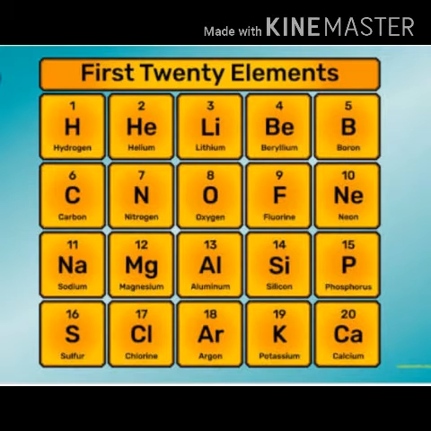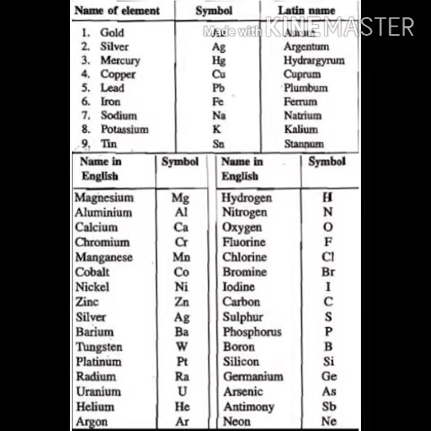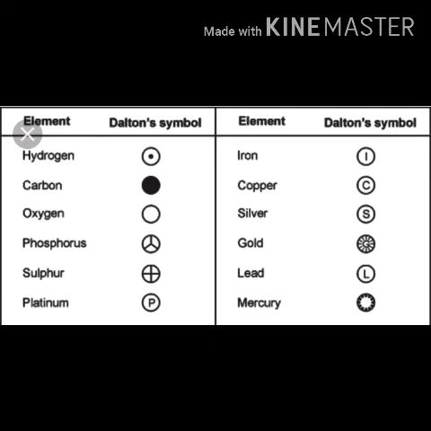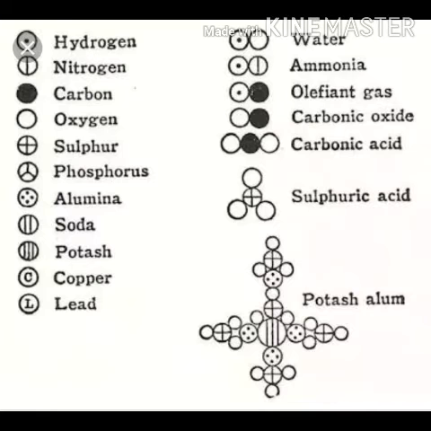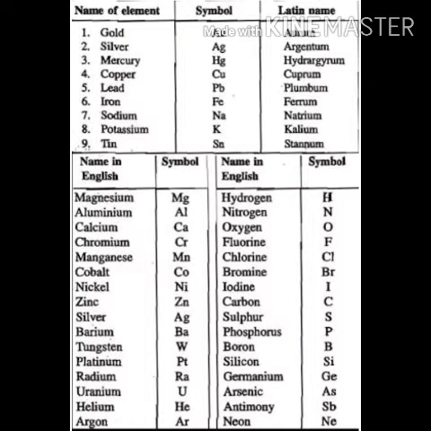Each element has its own unique properties. The atoms of an element exhibit the same properties as the element. Elements cannot be separated or broken down into simpler components by physical or chemical methods. So these are the different characteristics.